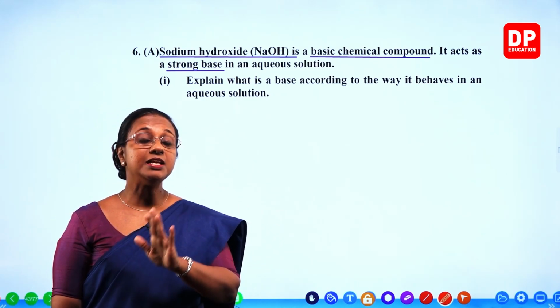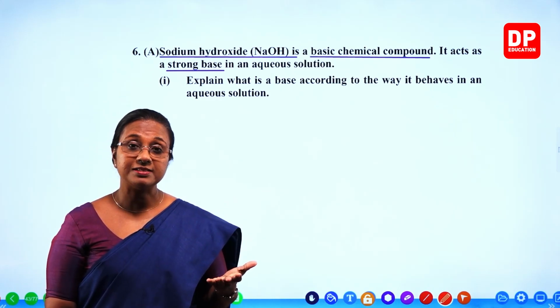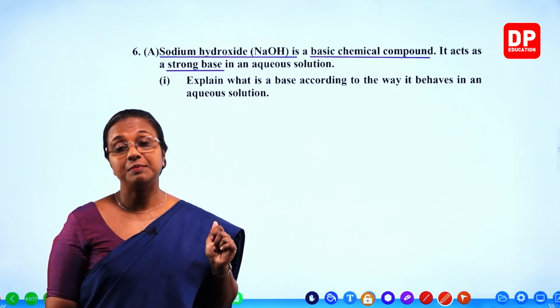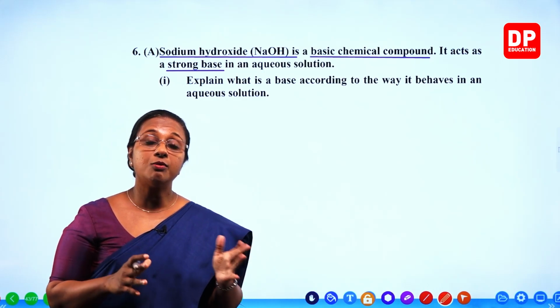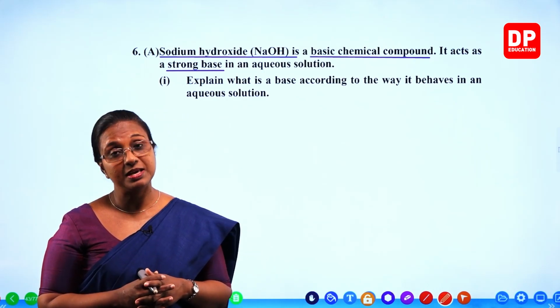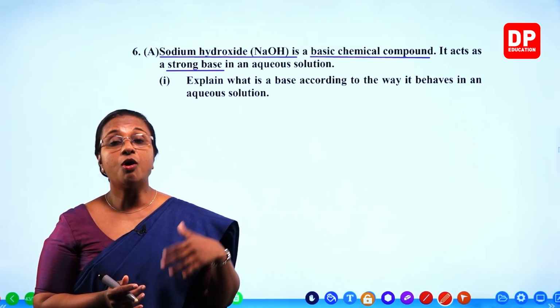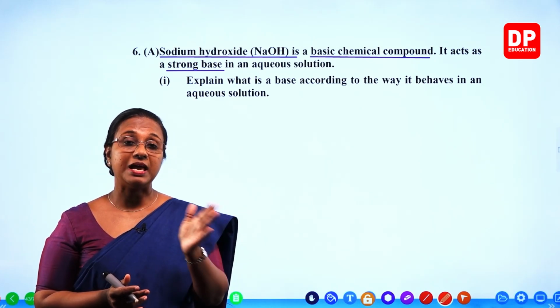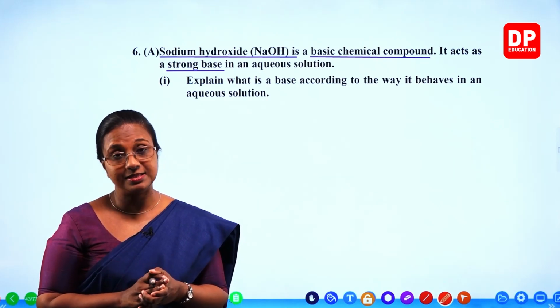And if they dissociate completely, then we call them as strong bases. If they dissociate partially, they are known as weak bases. So, you are familiar with all these concepts. And you know how we test and identify bases. Using the litmus paper, the red litmus becomes blue, or pH paper, usually pH is above 7. From 8 to 14 at 25 degrees Celsius is the basic pH.